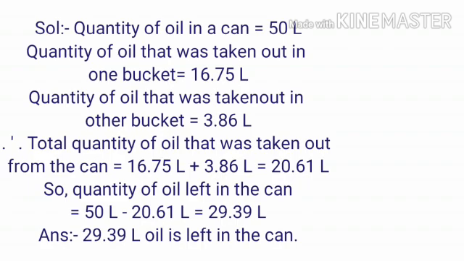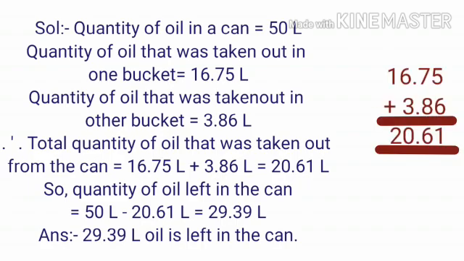Therefore, total quantity of oil that was taken out from the can is equal to 16.75 liter plus 3.86 liter. Both quantities we will add and we will show the calculation work also. After adding these two quantities, we get the answer as 20.61 liter.